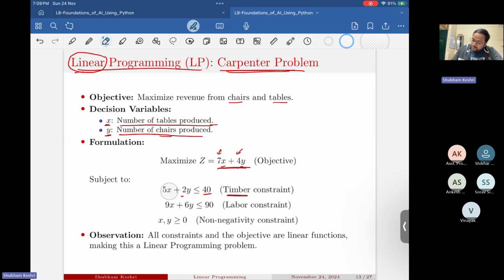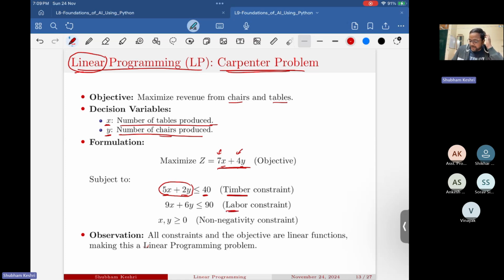Adding these two, 5x plus 2y is the total timber used. It has to be less than or equal to 40 units, because 40 is the timber he has. So this is the timber constraint.